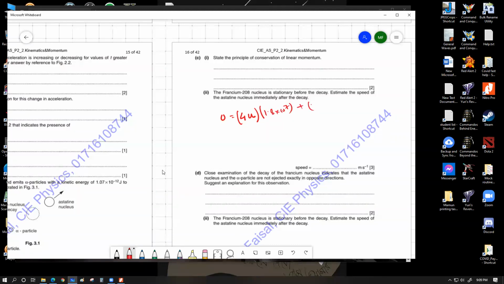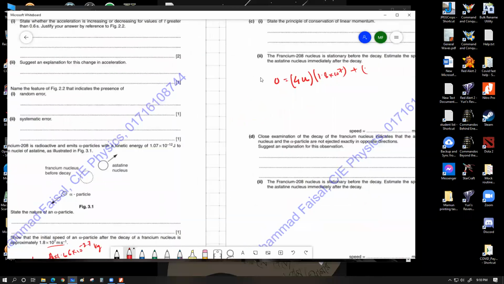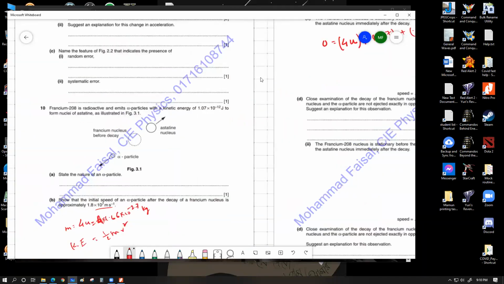Plus the remaining part: what should be the mass of the astatine nucleus? That's the part you have to understand from nuclear physics. Francium had 208, the mass number for francium. Whenever an alpha particle leaves from it, what should be the mass number of the astatine nucleus? Sir, 204. Beautiful.